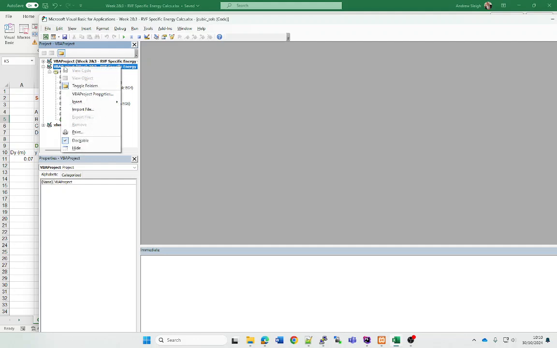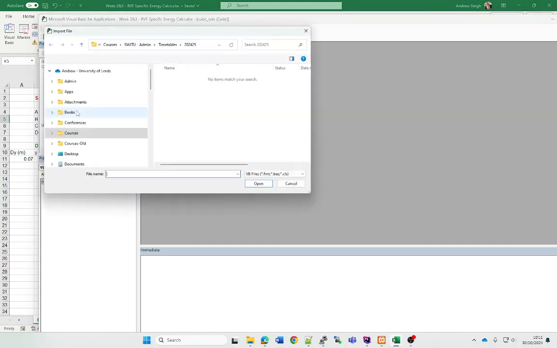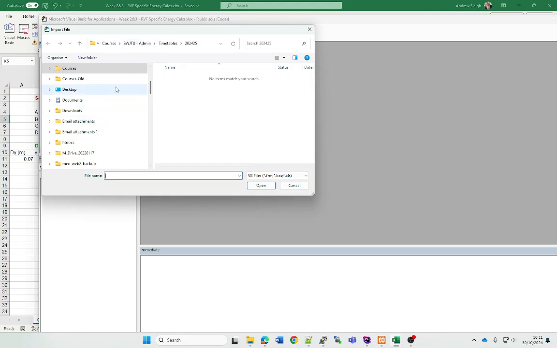I need to insert a module, not a user form nor class module, a module. Oh, that's not right. I need to import file. I need to go and find that.